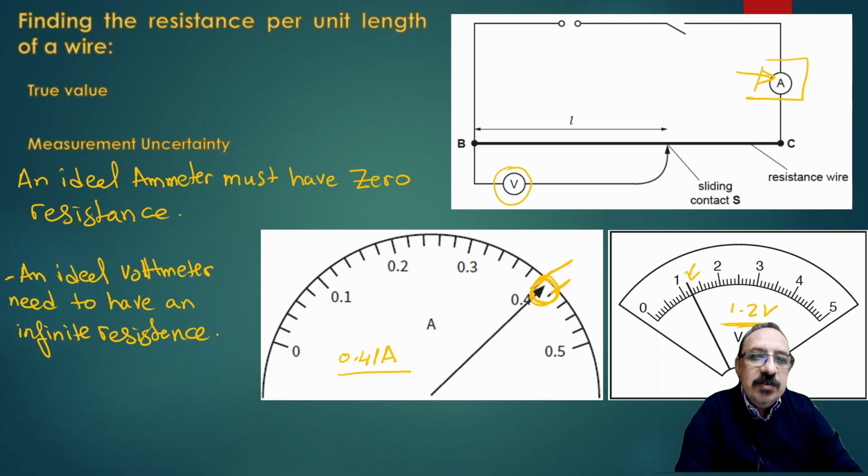There is nothing in the world that is called infinite. We can have very large, huge resistance, but it can never be infinite. So are we measuring the true value of the voltage across the wire? No, we cannot, but we can be very close to it.